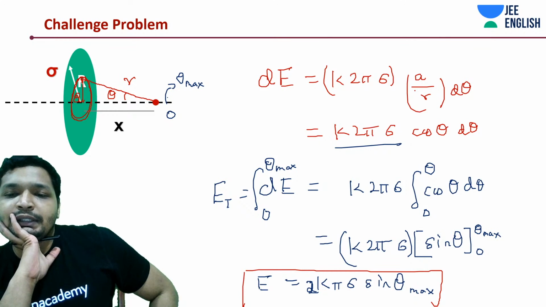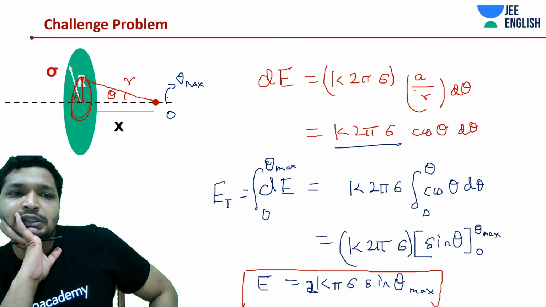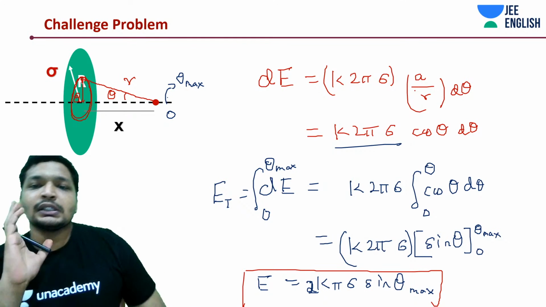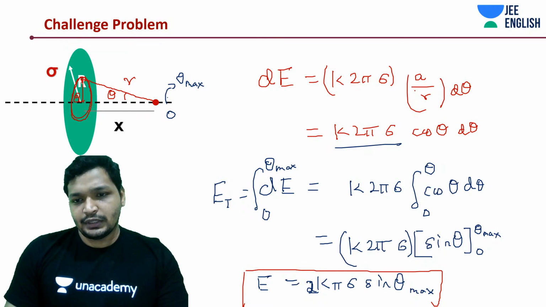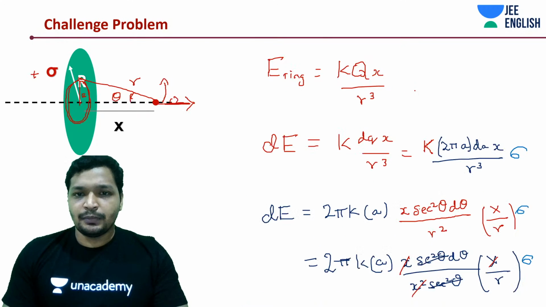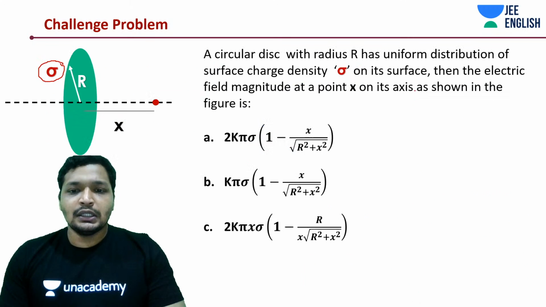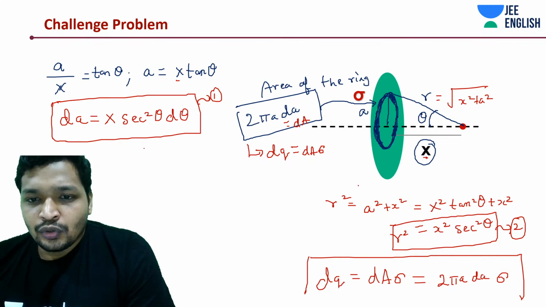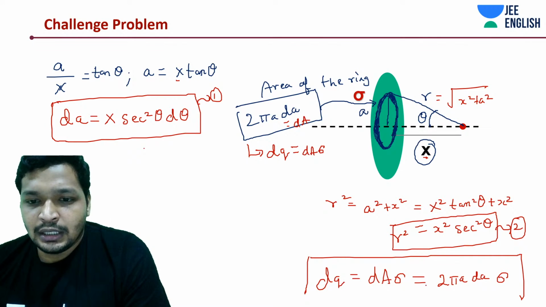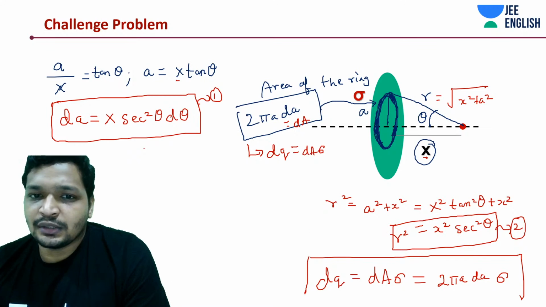A by R is somewhere we are going wrong, guys. Let me come to this point. Let me verify everything. Give me a couple of seconds. So yeah, this all is fine, I guess. X square is x square, and 2 pi a d theta, x square is x square. That's all fine. Yeah.